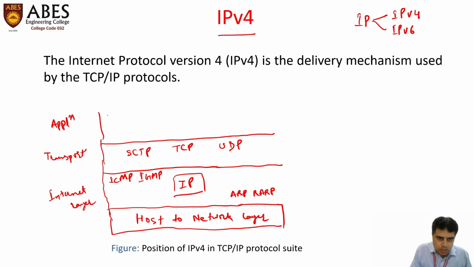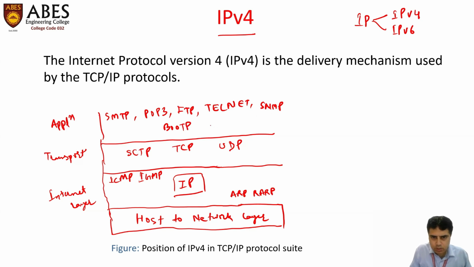Here is SMTP, Simple Mail Transfer Protocol, POP3, Post Office Protocol version 3, FTP, File Transfer Protocol, Telnet, Terminal Network, SNMP, Simple Network Management Protocol, BootP, Bootstrap Protocol, DNS, Domain Name System, WWW, World Wide Web, HTTP, Hypertext Transfer Protocol.